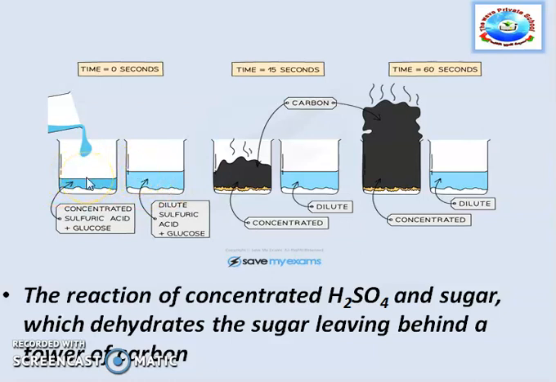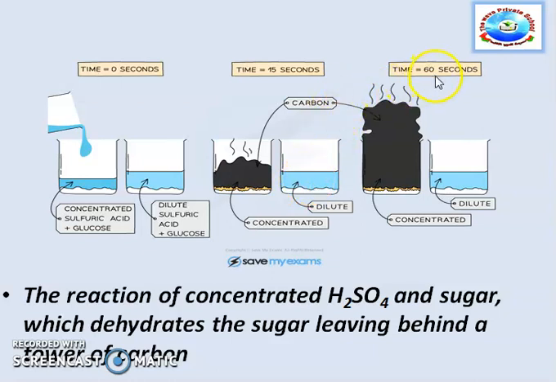In one, there is concentrated sulfuric acid and glucose, and in the other, there is dilute sulfuric acid with glucose. After 15 seconds, you can see the concentrated acid reacts and it dehydrates the sugar, leaving behind a tower of carbon, whereas dilute sulfuric acid remains the same.